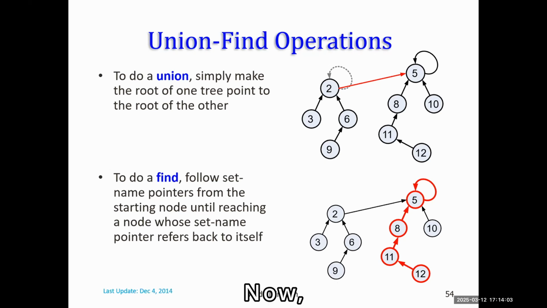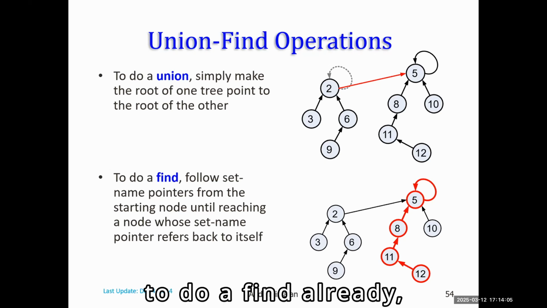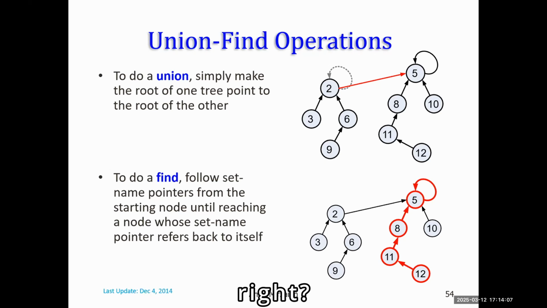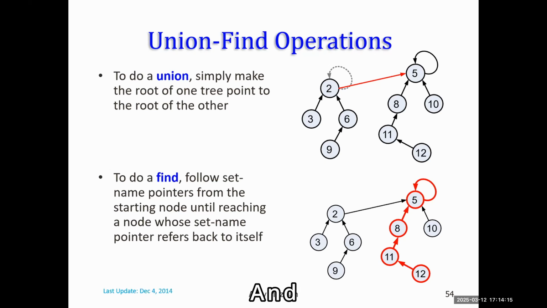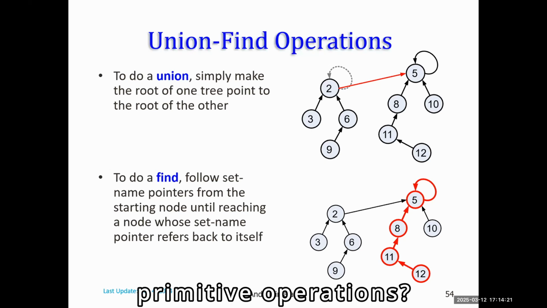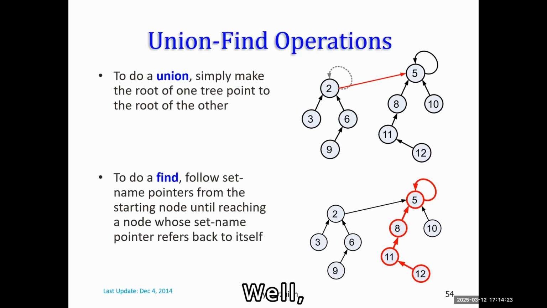Now, I told you how to do a find already. You walk up the tree to find the root. And how much work is it to do that? How many primitive operations? Well, it's the height of the tree. So we want the tree to be short.